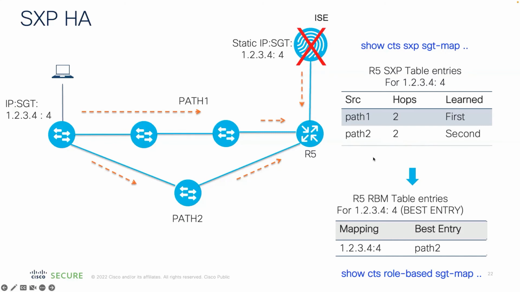So this is how we manage high availability. All the paths are known, so we can use the best one in RBM if we have to. And of course, the next example is maybe one of these goes down, but the one remaining path will still be available in the SXP table and can be used in runtime. So that's SXP High Availability.